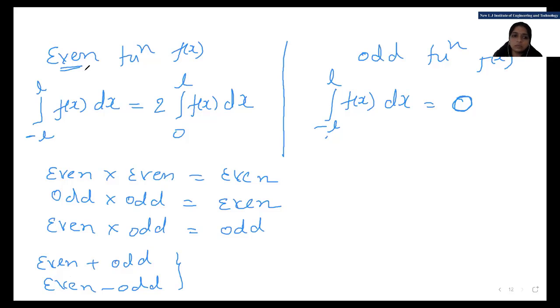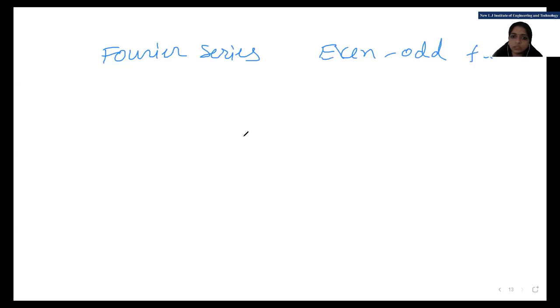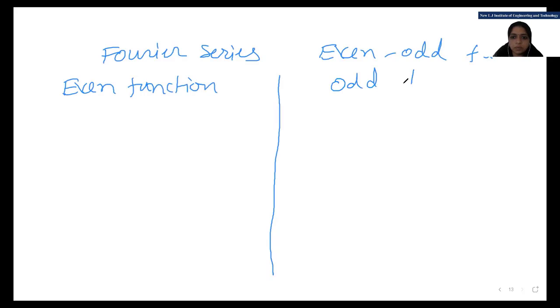So, by using this formula, we modify our Fourier series formula. This is the most important thing which I am going to tell you, please remember: the Fourier series for even and odd functions.